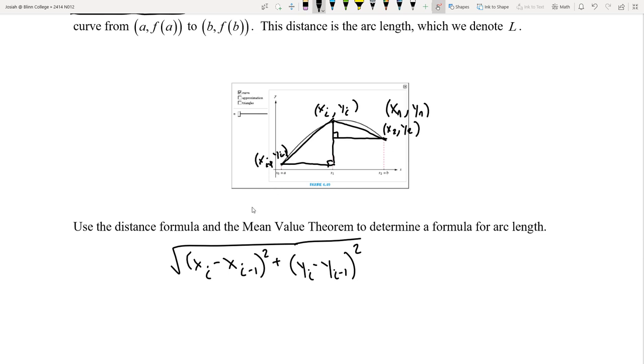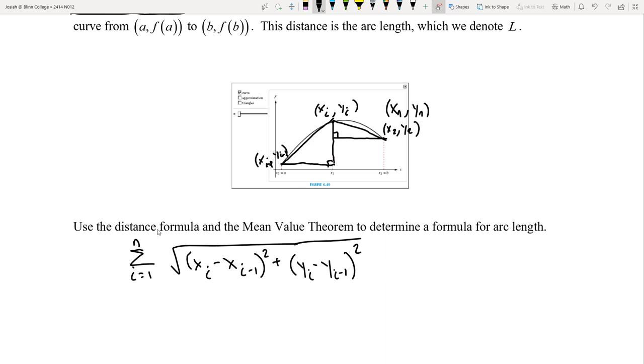We want the distance along all the hypotenuses, so we're going to have to do a summation depending on how many partitioning points we have. All right, we're going to start out with I equals 1. Right, that'll give us the first one, which will be the 0th. The second one will be the first, and so on, all the way up to n.